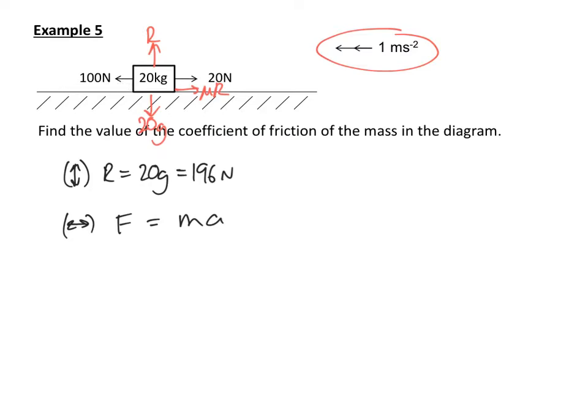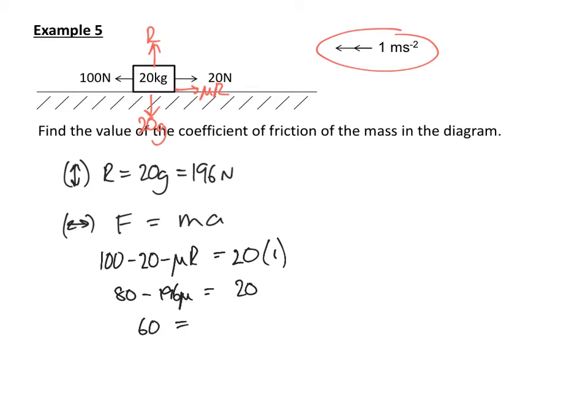Overall, it's going to the left, so 100 newtons, take away what's going to the right, take away 20, take away mu R is equal to the mass, which is 20, times the acceleration, which is 1. And so this is 80 minus 196 mu is equal to 20, or 60 equals 196 mu, and so mu is equal to 0.306.